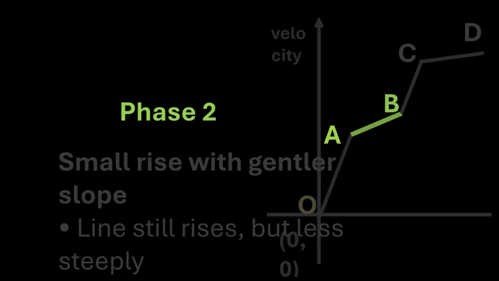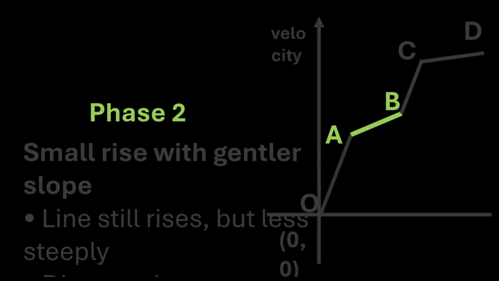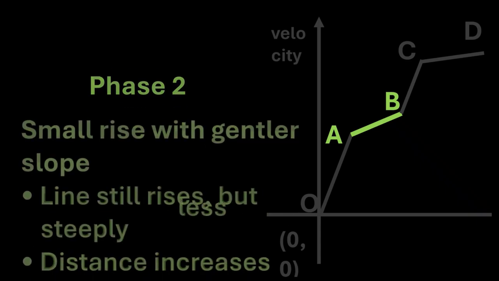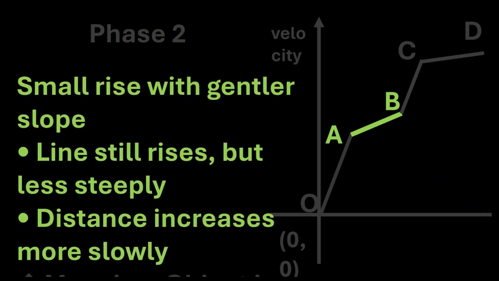Moving on to AB now, which is phase 2, what we see is a very gentle rise of the slope. Unlike O to A, where it was really steep, A to B is not that steep. It's gentle. The line still rises from A to B. It's not going down, but it's less steep.